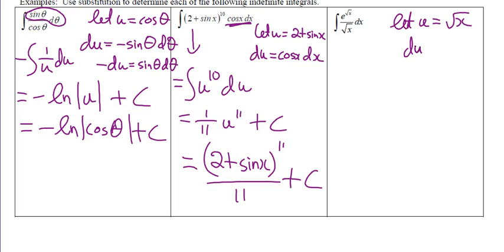So what's du? 1/2 x to the negative 1/2, so 1 over 2 root x dx. Then the only problem is, yeah, we got that 2, right? So 2 du will equal 1 over root x dx. So now we've got this part taken care of. That's going to be replaced by 2 du.